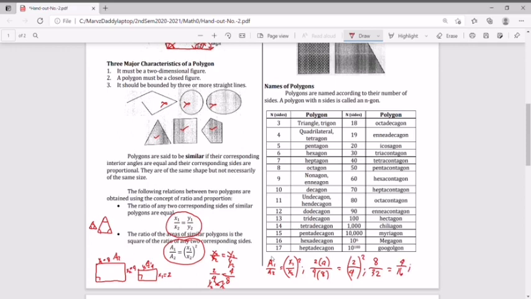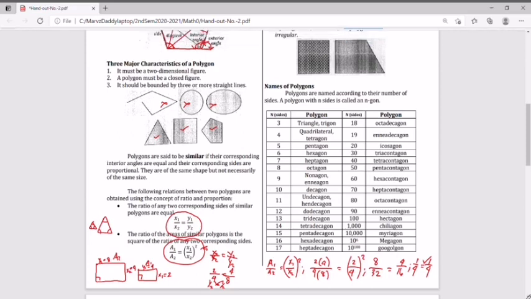In which case, 8 over 32 is 1/4, and 4 over 16 is also 1/4. So check. This relation is true for a set of similar polygons.